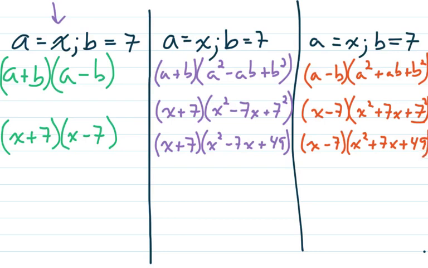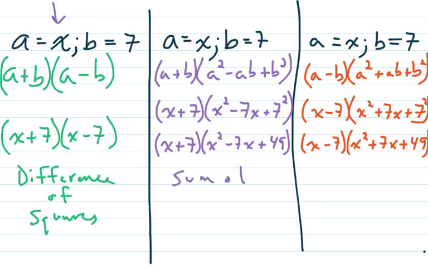Now, what was the point of showing you this? This is, right here, difference of squares without the first part. We have our sum of squares right here. And finally, this is our difference of squares, or excuse me, this is sum of cubes.